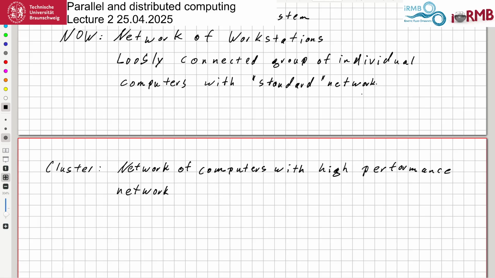Usually these things are also physically close together, so that there's a physical short path between these computers, and in each of these nodes we have a separate instance of the operating system, but it's usually a very slim operating system compared to what we have in the network of workstations.